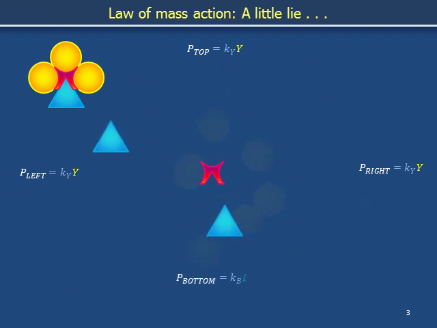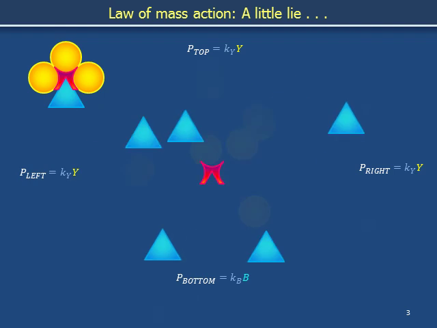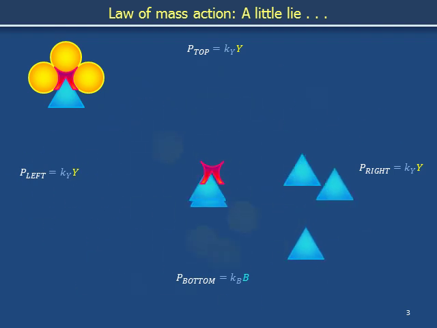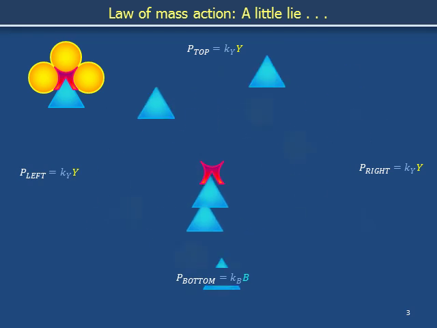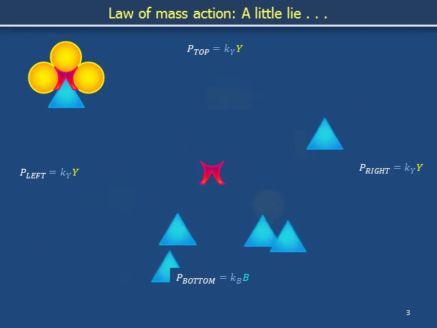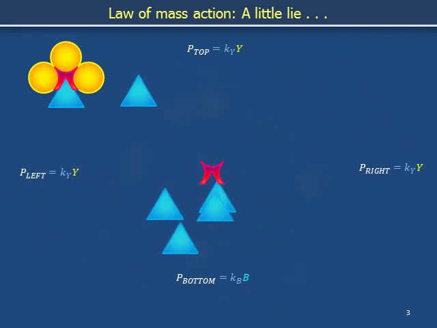The fraction of time that the bottom triangular groove is occupied is equal to a proportionality coefficient k sub b multiplied against the concentration of b, meaning the concentration of blue triangles.